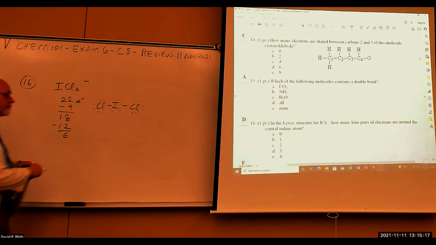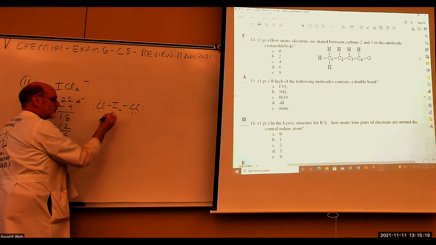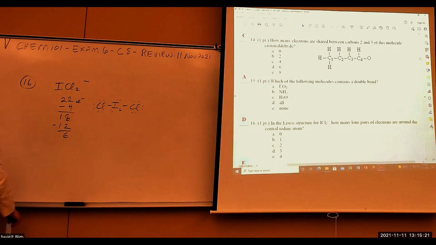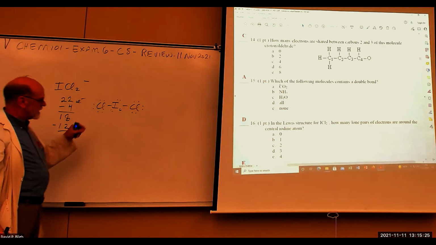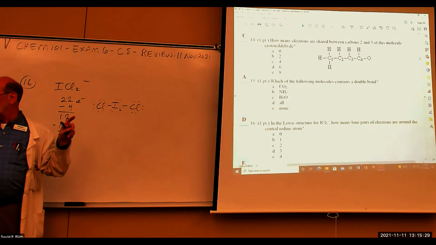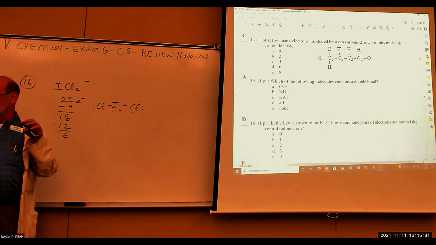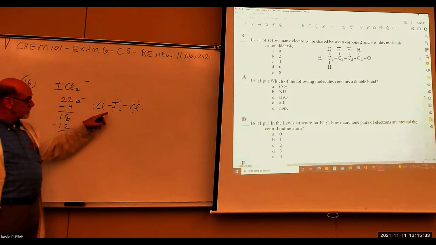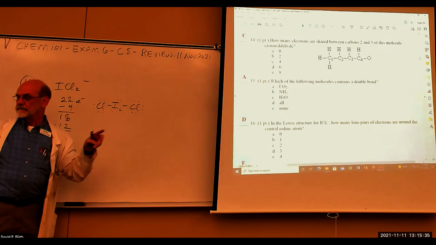It just occurred to me, iodine also needs to be in here because it can more easily accommodate an excess of the octet, right? 2, 4, 6, 8, 10.